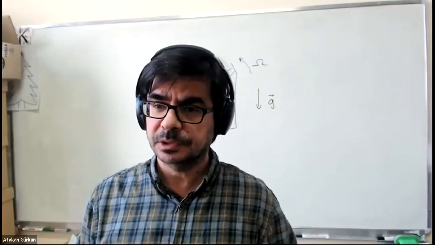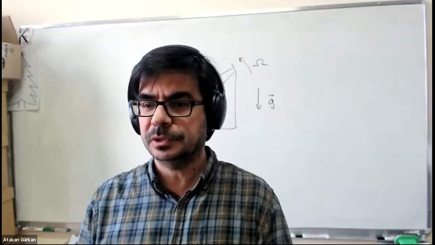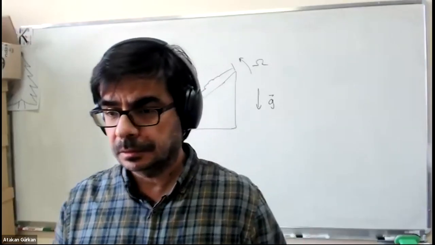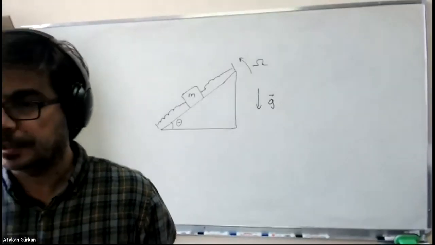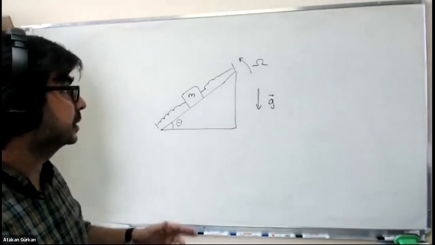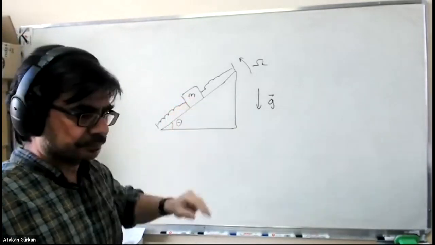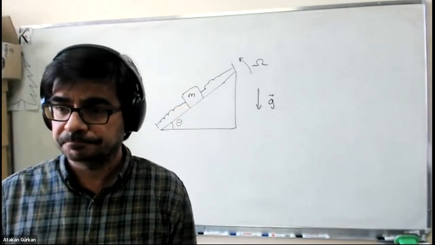Yes, you can. Yes, you can. If you move to the rotating frame, then the Coriolis force and the centrifugal force are there. You have these forces. In the inertial frame, you're not going to have those. But if you try to look at it from the point of view of this mass, it's not an inertial frame.